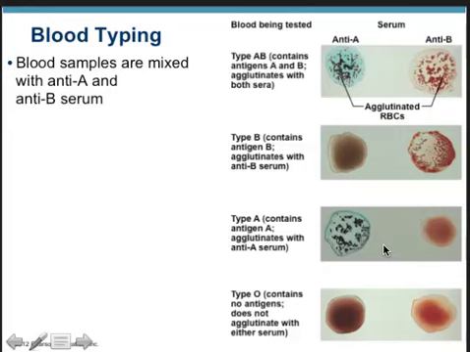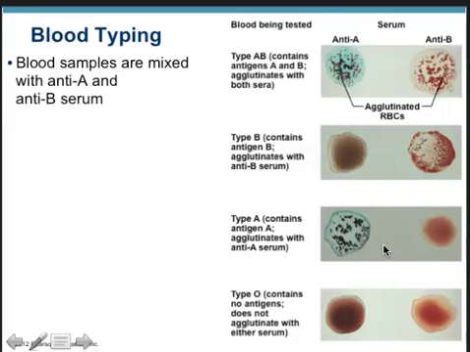And the way that we do this is that we mix a potential recipient's blood with antibodies against the A or the B antigen in separate wells. We can also check for the presence or the absence of the Rh antigen at the same time. And this will allow us to select the appropriate blood type for that individual.